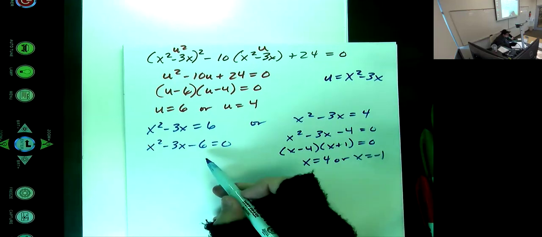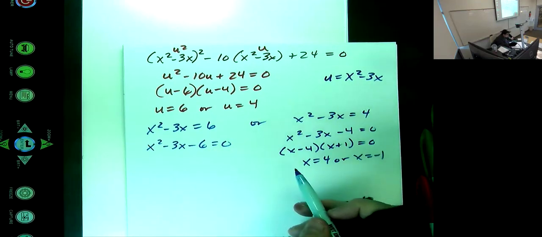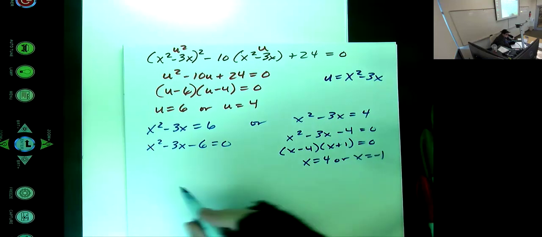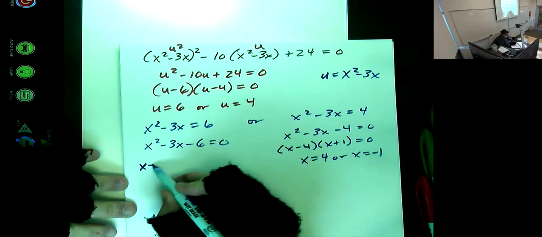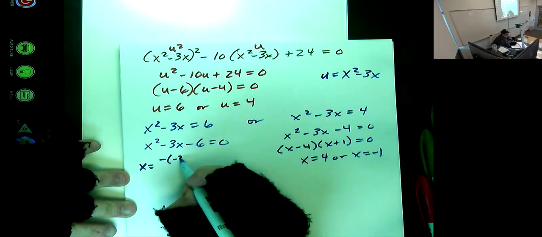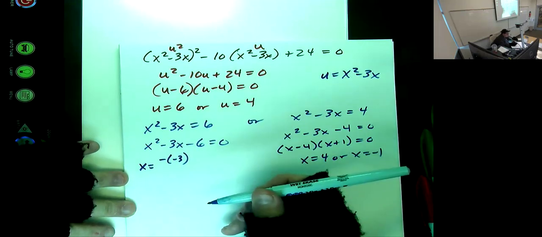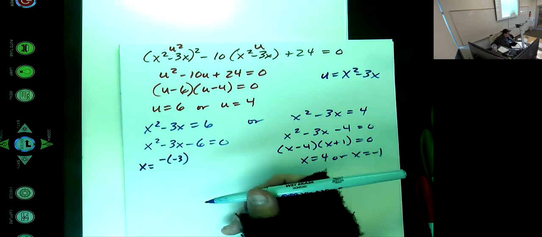This doesn't factor though, does it? So that means quadratic formula. Or complete the square, but I don't like completing the square with an odd number.